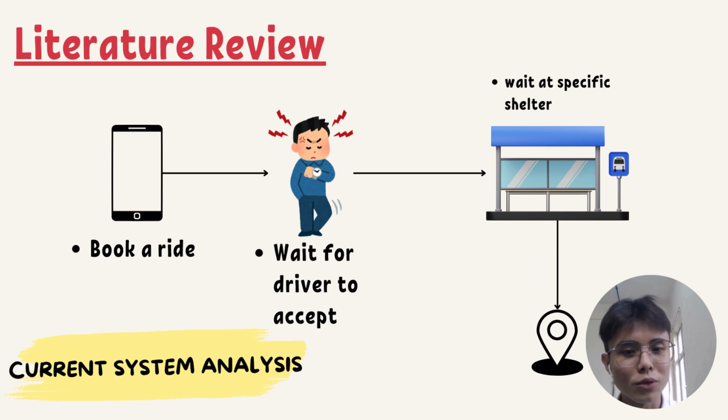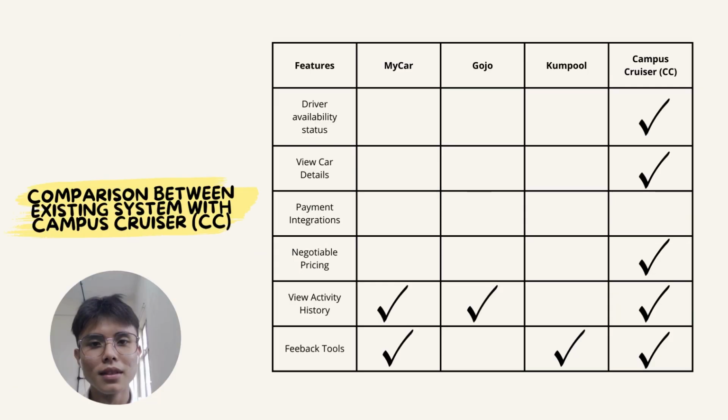After that, they need to wait for the driver at the specific shelter. Also, there is a limitation on the location, which means students can only choose to drop off at specific locations.